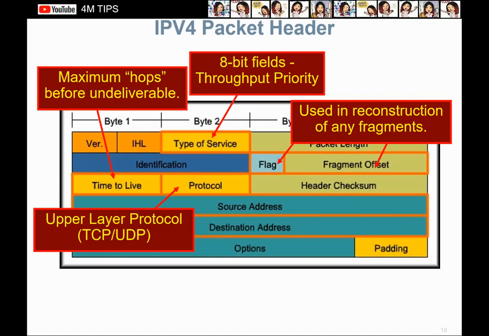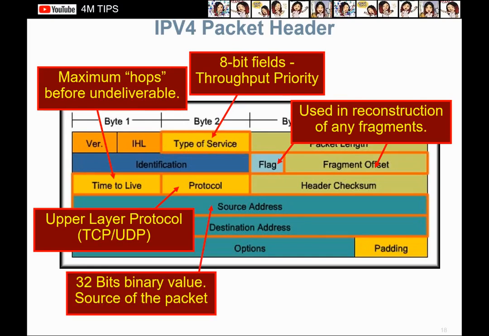And you have the protocol, which is the upper layer protocol, consisting of TCP or UDP. From the upper layer, which is the transport layer, the information is passed down, and the protocol in this field will be able to identify whether you are using the TCP or the UDP protocol. The source address will identify the 32 bits of your original source, where these packets come from.